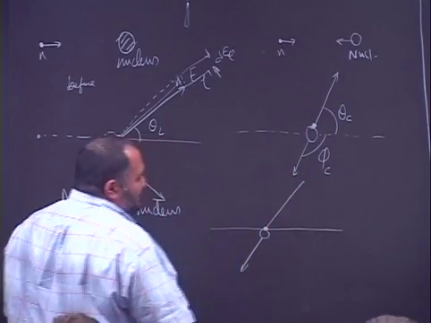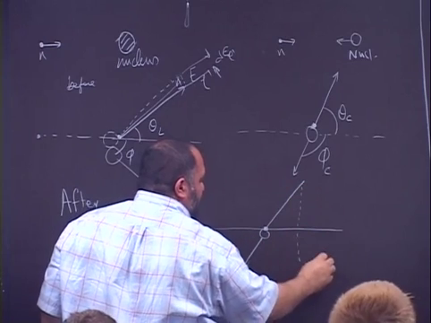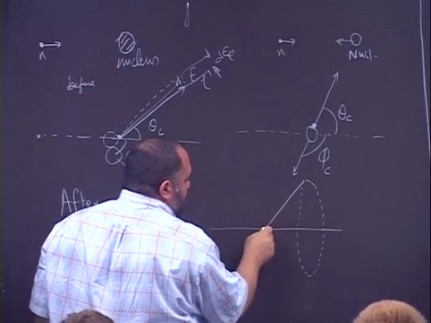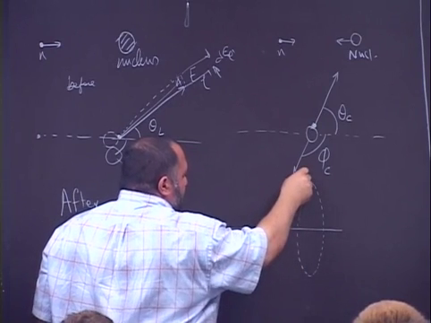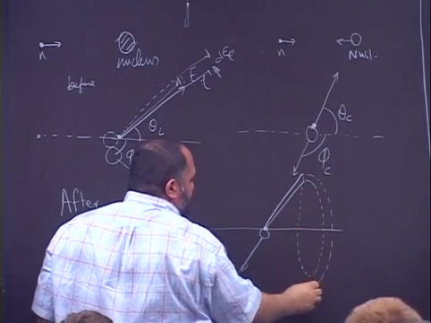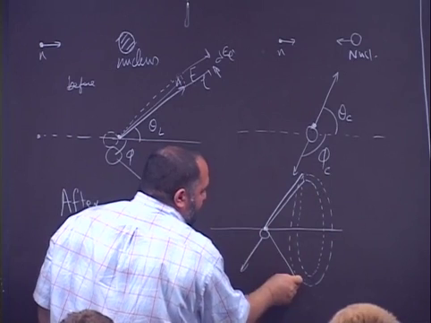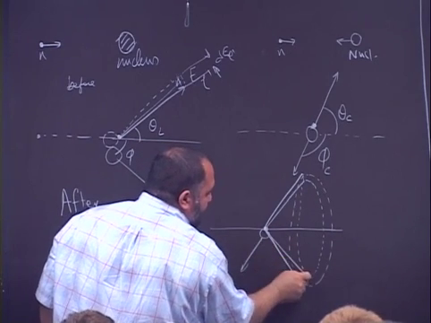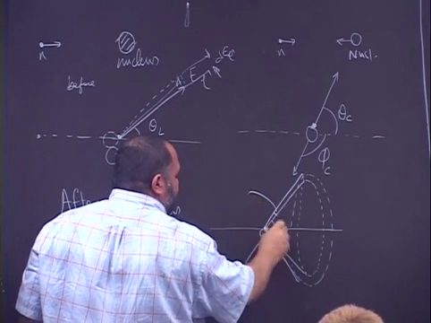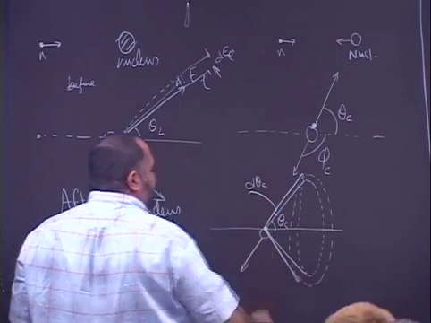It is as if we assume we have a cone, and this angle is theta_c and this is delta theta_c.